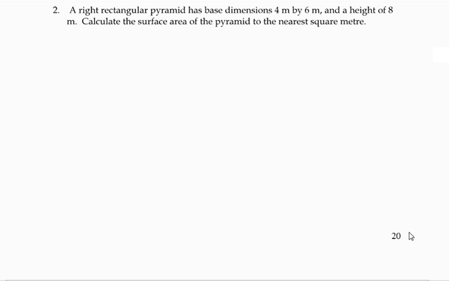A right rectangular pyramid has base dimensions of 4 by 6. Let's draw this to the best of our ability. Okay, 4 by 6. I'm going to put the length in the front always so that I can match it with the formula on the formula sheet, and then the width, so 4 and 6 meters.